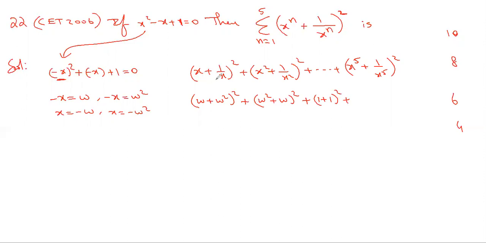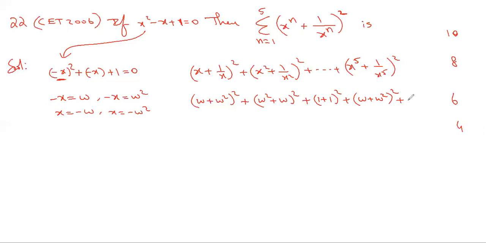That will be again the same expression. Omega power 4 becomes omega and 1 by omega power 4 becomes 1 by omega. So it becomes (omega plus omega square) the whole square again. And omega power 5 becomes again the same.